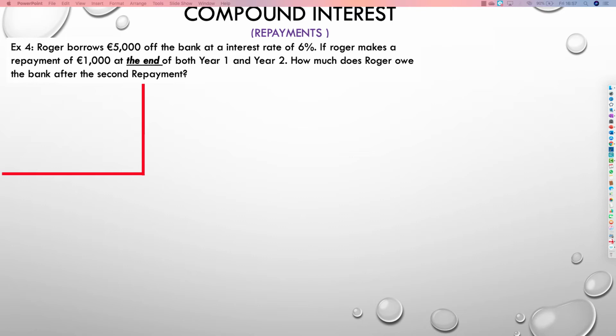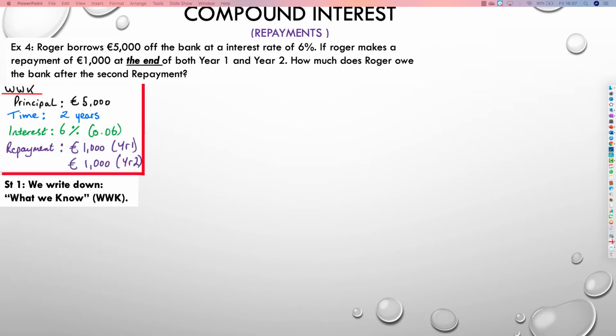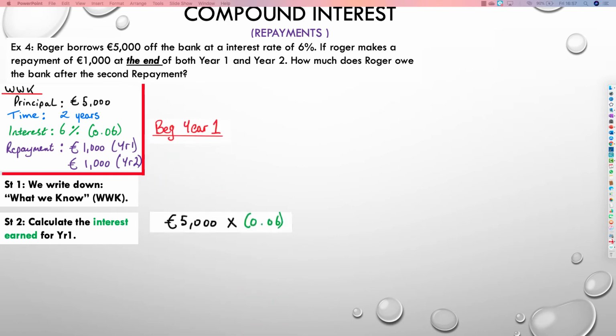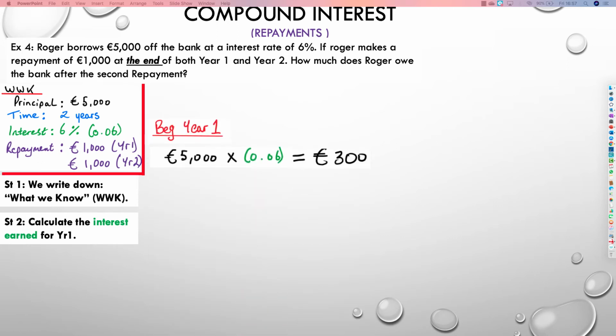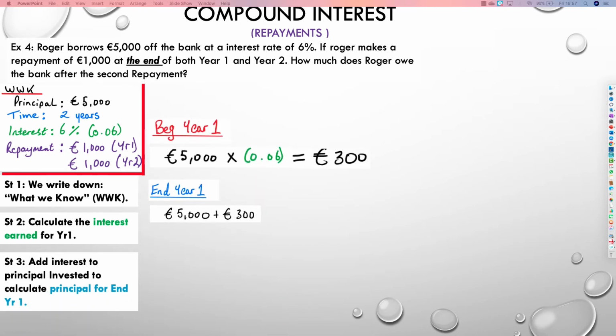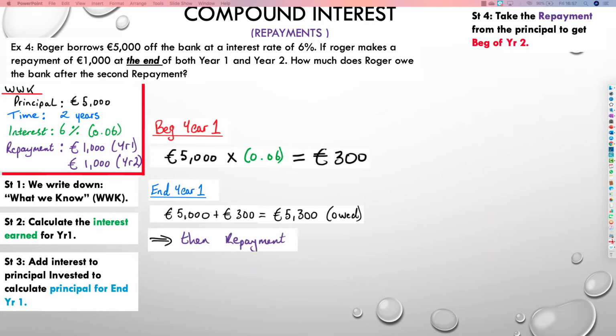So first things first, we begin at the start. At the beginning of year 1, he owes the bank €5,300. Is that okay? They charge him 6% interest. What do they do at the end of year 1? Take away €1,000, which is 5,300 minus 1,000, which is €4,300. They then charge him another 6%.